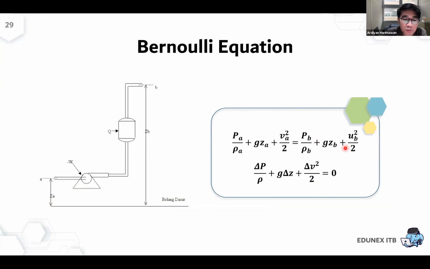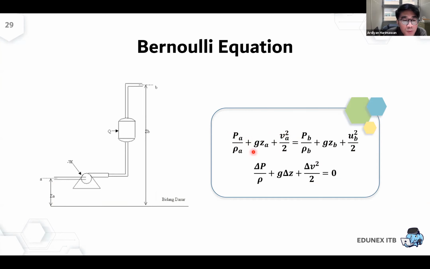For example, this one is for the specific energy unit. So pressure should be divided by density. Height should be multiplied by gravity. And for the velocity square, this is the kinetic energy divided by the mass, so it becomes these parameters.